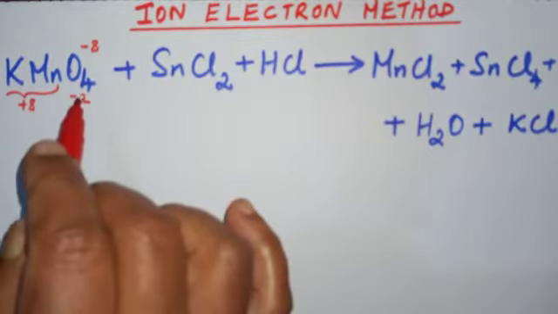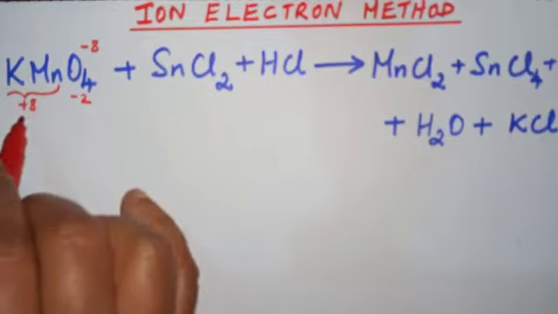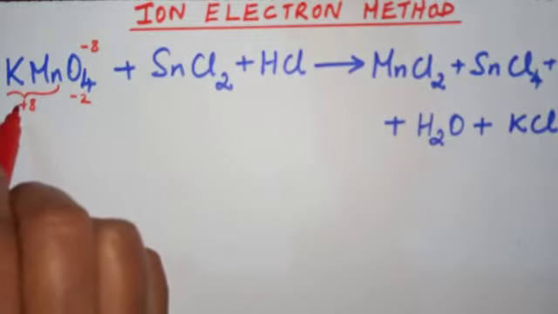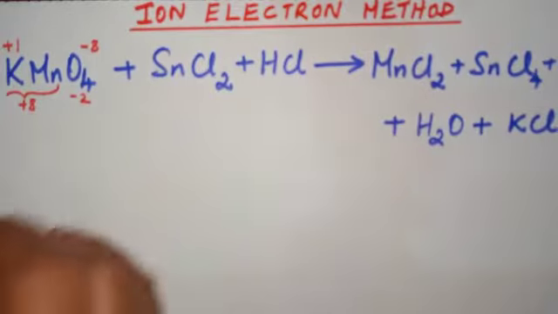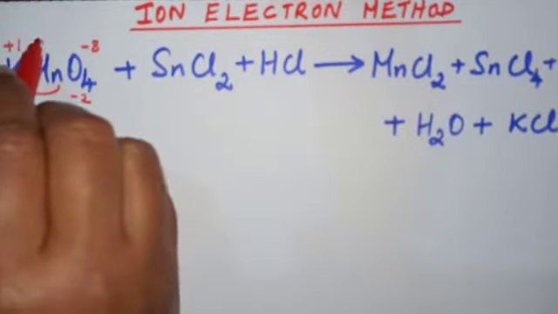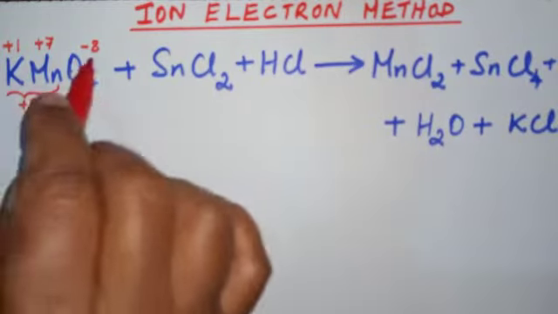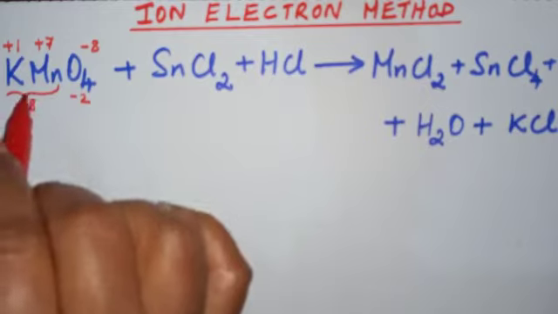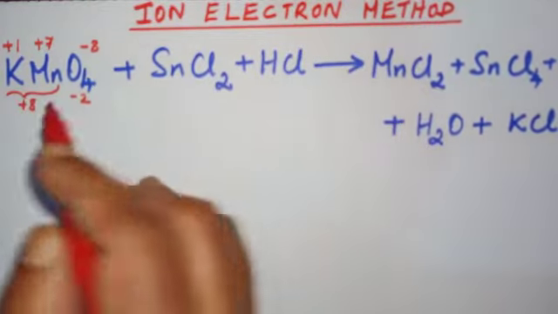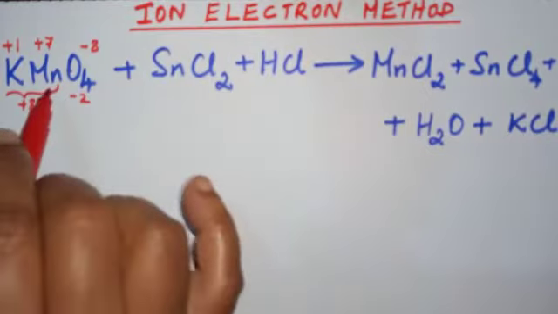It does not have any charge. That means potassium and manganese together is +8. The oxidation number for potassium is +1, as we have already studied. Then for manganese it will be +7. So +7 +1 gives you +8, and +8 -8 becomes 0. So the molecule's charge is 0, that is, neutral. This is a complex compound with potassium, manganese and oxygen.